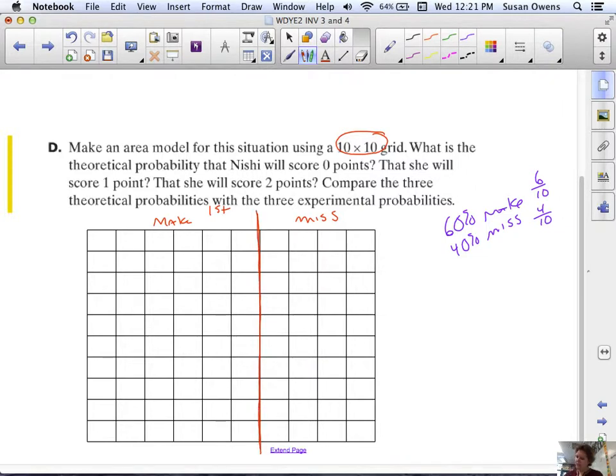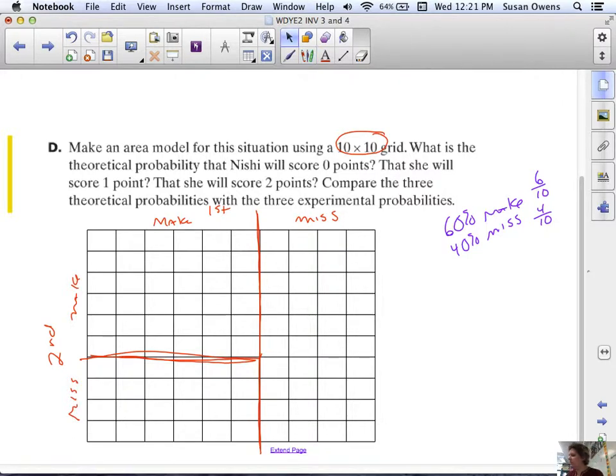But if she makes it, she's going to get a second free throw, and she also has a 60% chance. So I'm going to count 1, 2, 3, 4, 5, 6, and draw a line that comes across to here. Let me write these in. This is a miss, and this is a make.